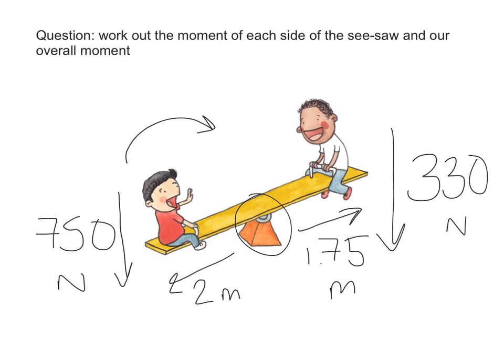The person on the right is working in a clockwise moment and has a force of 330 newtons and is sitting at a distance of 1.75 meters from our central pivot. Pause this video now and work out the answer.